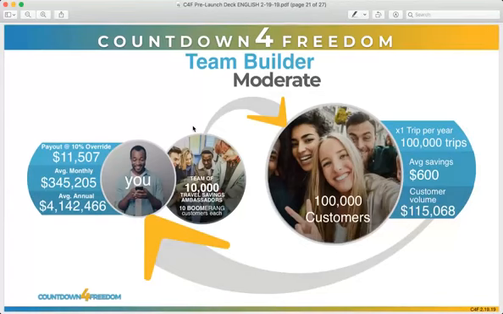So that's 100,000 customers, averaging one vacation a year, saving $600. What does that mean for your organization? That means a daily volume through your organization of over $115,000.